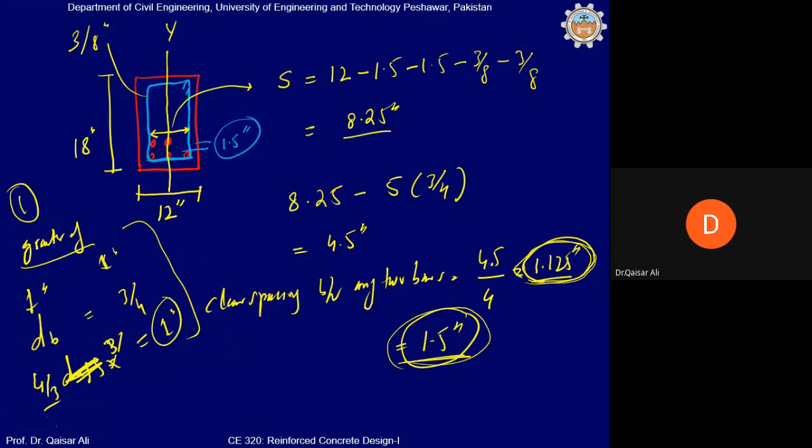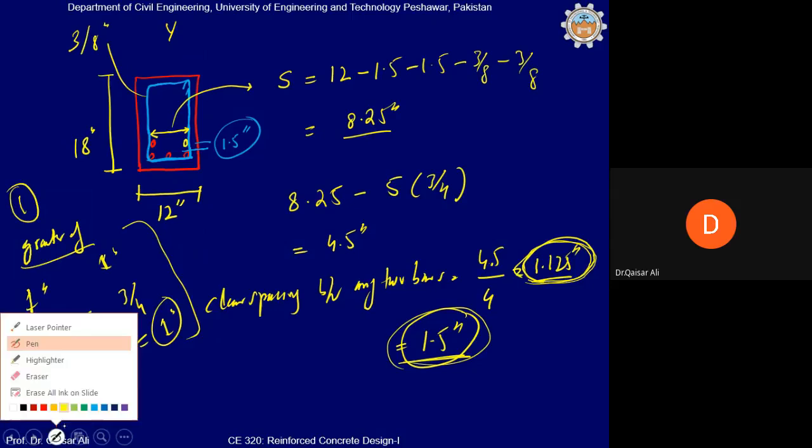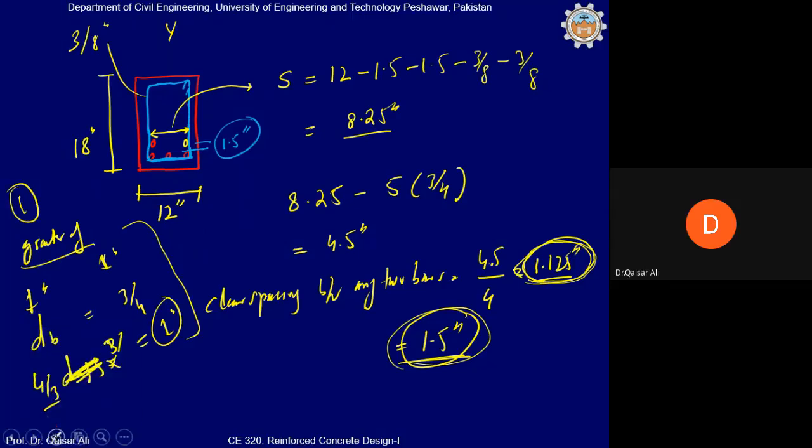Okay, this is not symmetric, so this is not allowed. So you have to provide the bar like this. Clear है?